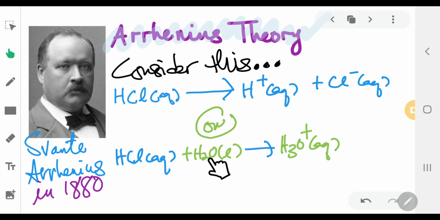Before the reaction happens, in your H2O you have 2H, but after the reaction happens, you have H3 here, because the additional H comes from the HCl. And yes, this one is Cl minus.